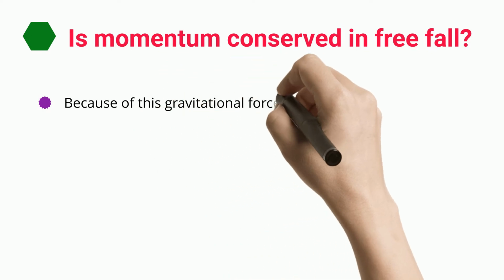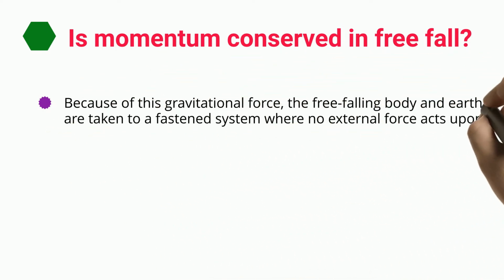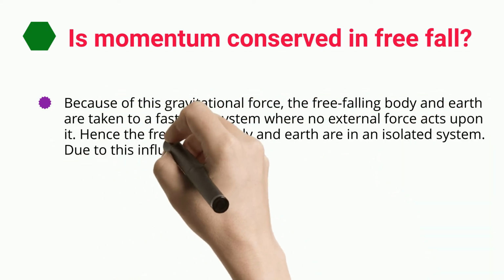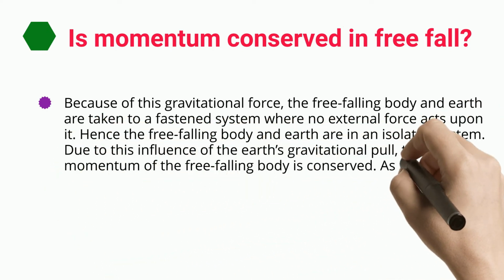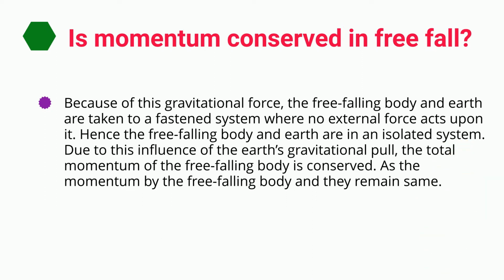Because of this gravitational force, the free-falling body and Earth are taken to be a closed system where no external force acts upon it. Hence the free-falling body and Earth are in an isolated system. Due to the influence of the Earth's gravitational pull, the total momentum is conserved.